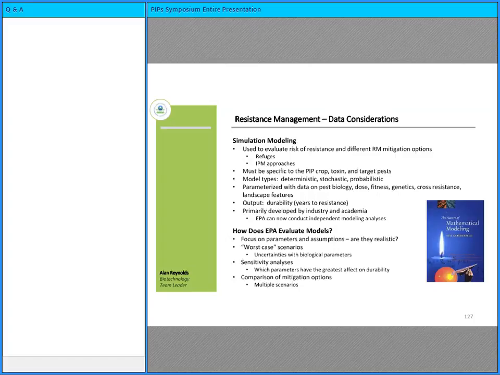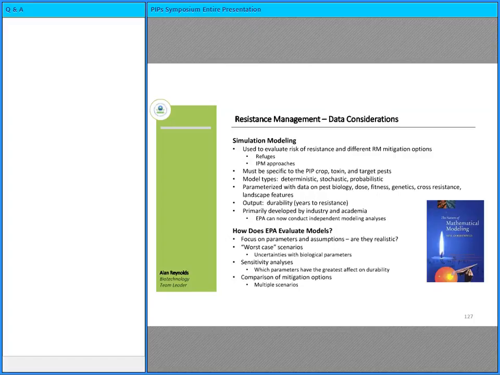The output that we typically see with these models is a measure of durability. That could be something like years to resistance or generations to resistance, depending on the target pests. Models that we've seen have been primarily developed by either industry or academia, but now EPA, actually through one of my colleagues, Jeanette Martinez, we now have the capability of conducting our own independent modeling analyses in some cases.